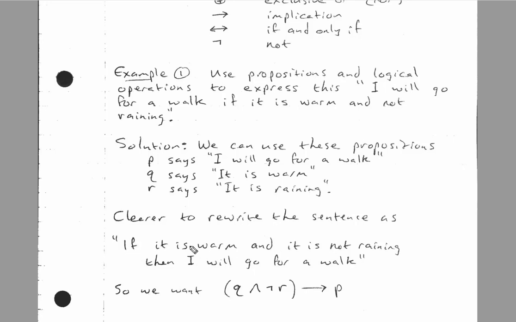So if P then Q, that's P implies Q. Here we have if it is warm, that's Q, and it is not raining, so we need the not, not R. So if Q and not R, then P, then I'll go for this walk.